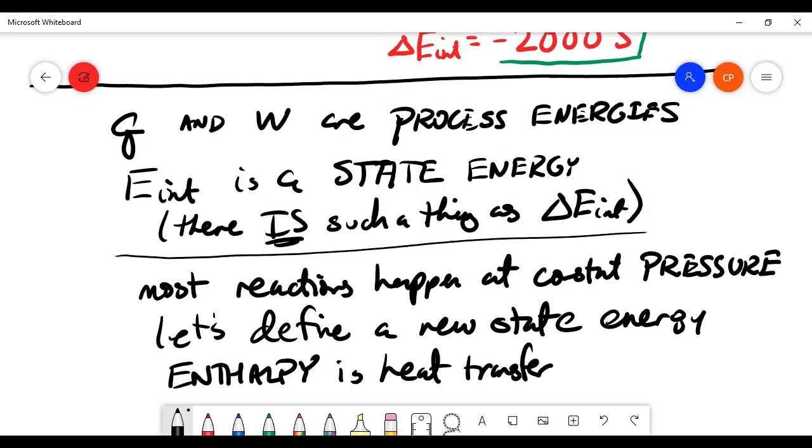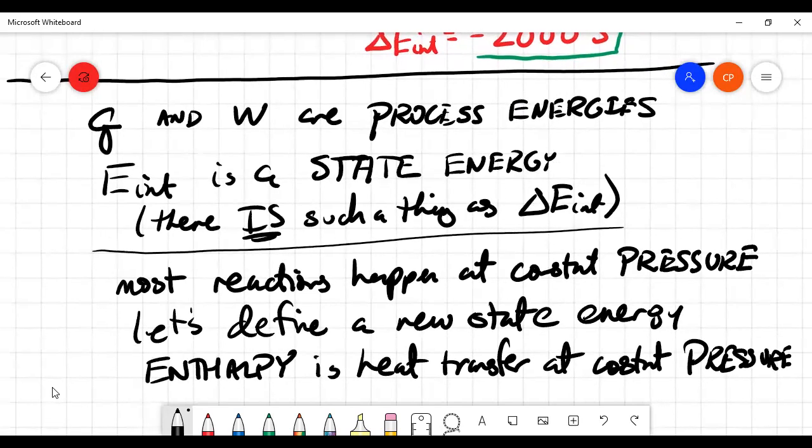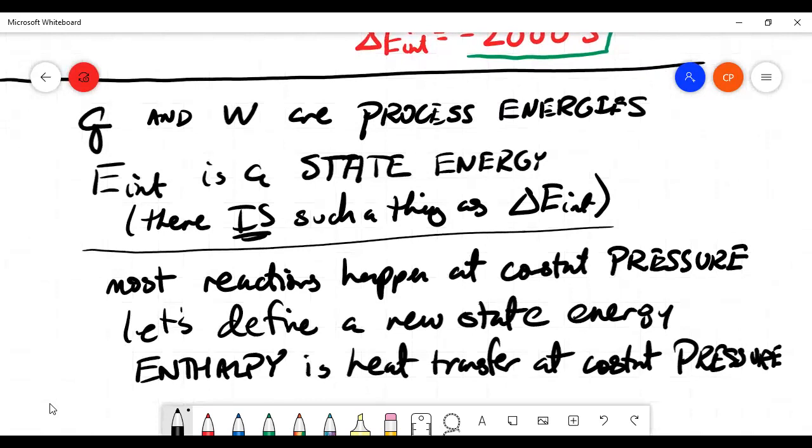Enthalpy will be a new state energy for us. Enthalpy is a thing we will define to be heat transfer at constant pressure. Now, your textbook goes through an exercise that demonstrates that enthalpy is actually a state energy, and we treat enthalpy as a state energy in the same way we treat internal energy as a state energy.